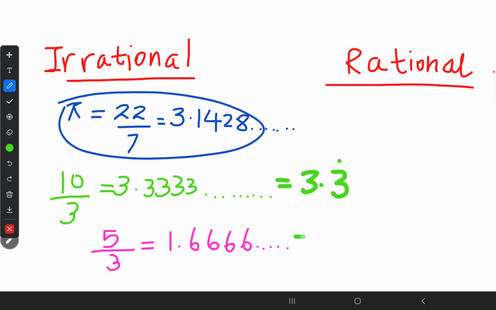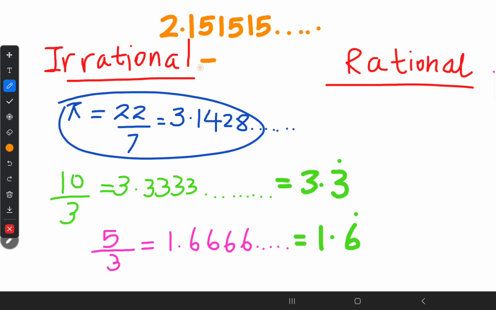In the next one also, we can write 1.6. This is our recurring decimal, 1.6666. One more important example: when you have 2.1515 likewise. If this is your pattern, here also there are recurring decimals. Not only one decimal, there are some values.